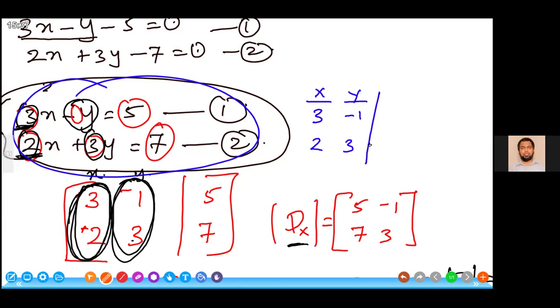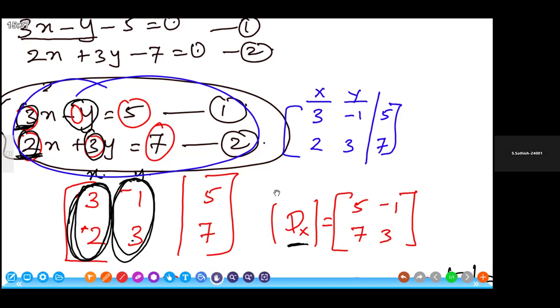Then we have the equal values, for the first equation 5, second equation 7. So we only use these elements. This is not the matrix, but these are the elements. That is your first step, to identify the coefficients. Is it clear?